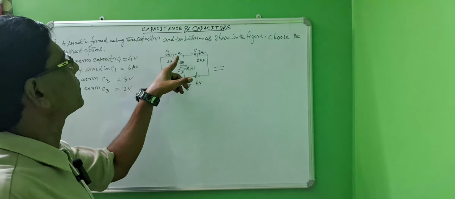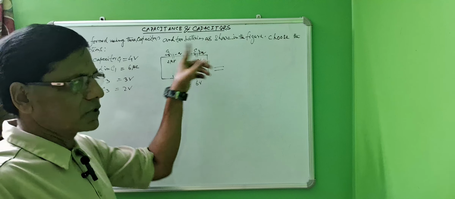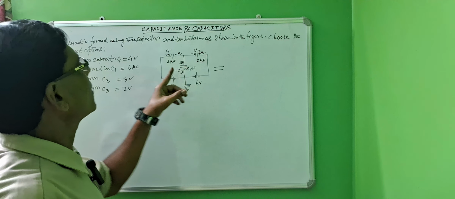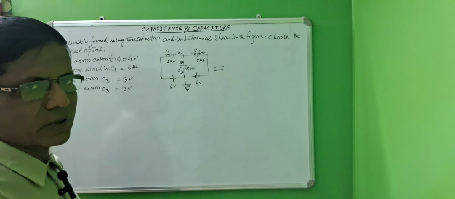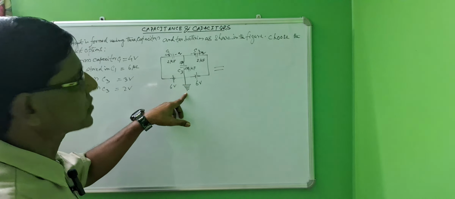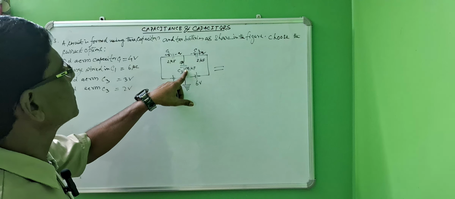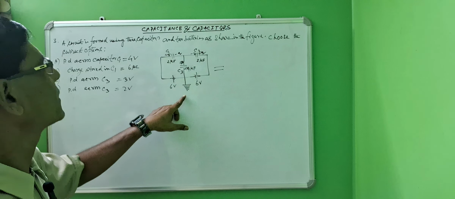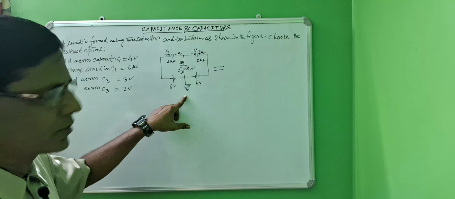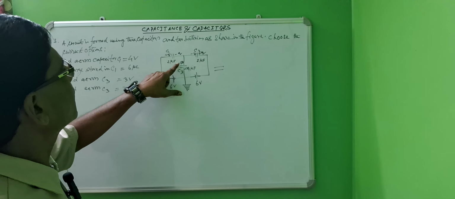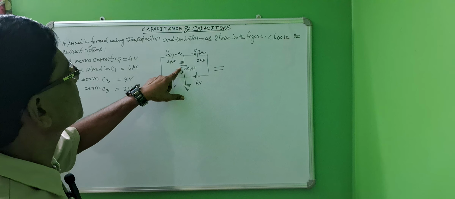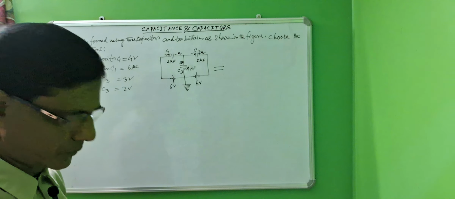After all, this method comes to an end because this is the earth. So this must be minus to get earth, and this is plus twice Q and this is minus twice Q at the negative plate.